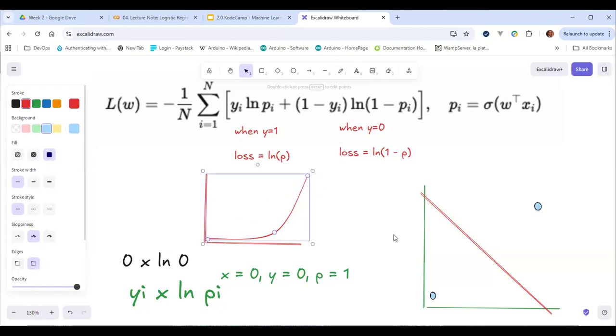It's not perfect, but that's how a log function looks. And then ln of 1 minus p is essentially flipping that.